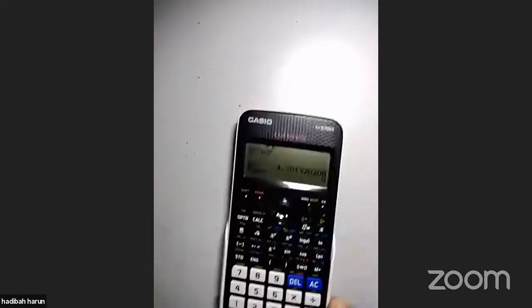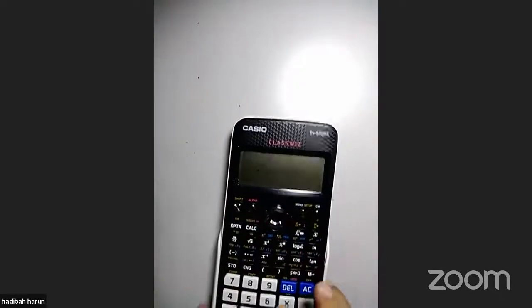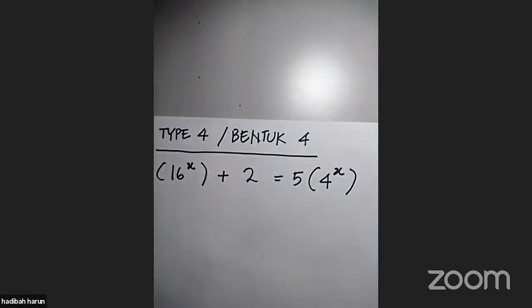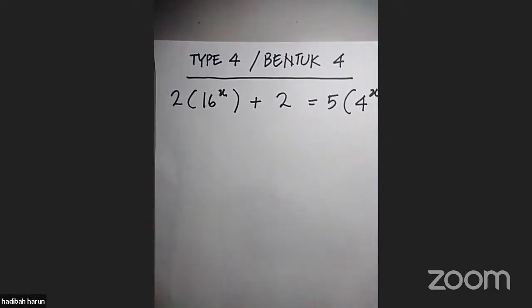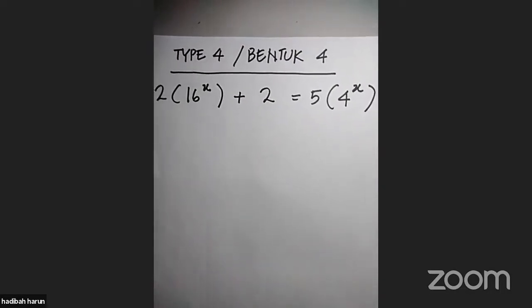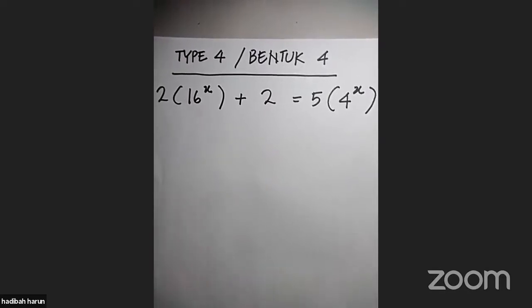So we proceed to type 4. You can also use your second calculator. It's almost the same, so no problem. By now I think you know how to use your calculator. What about type 4? Look at type 4 and your previous lesson.